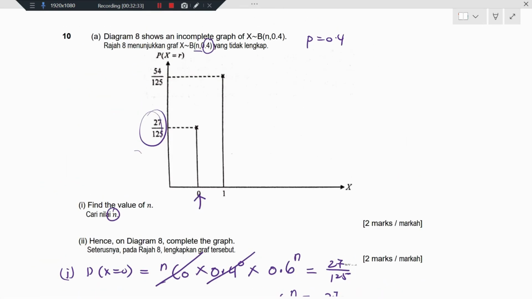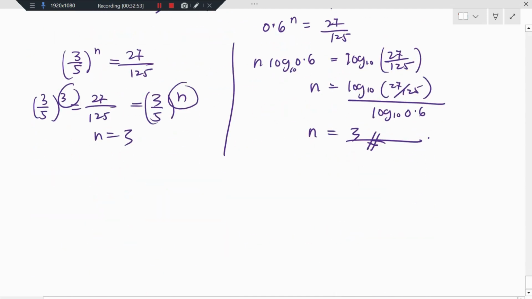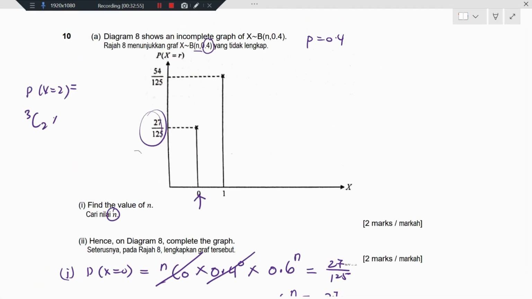So for probability x equals to 2, we need to calculate how much? X equals to 2, your n is what? 3, right? Just now we calculated 3. So 3C2, probability of success 0.4 power 2 and 0.6 power 1. So that is 0.4 squared times 0.6.